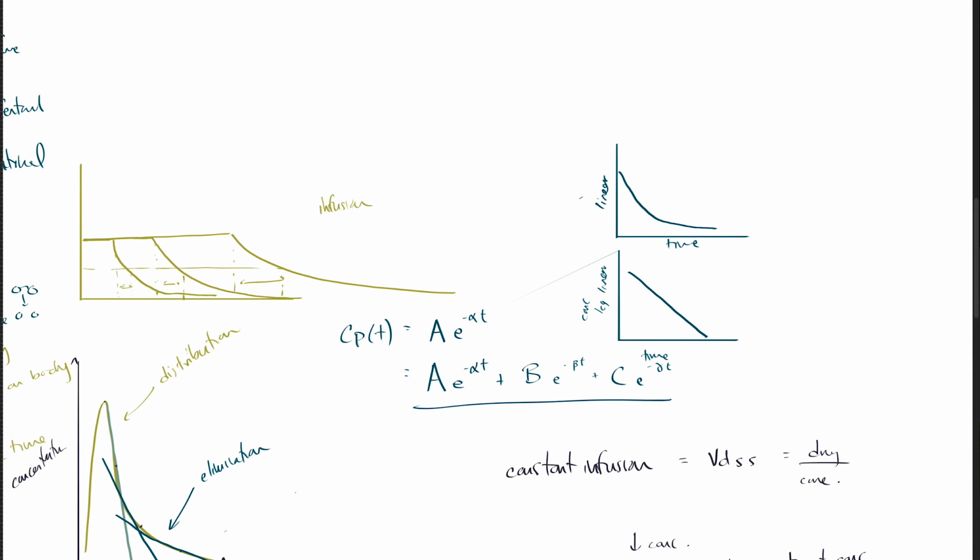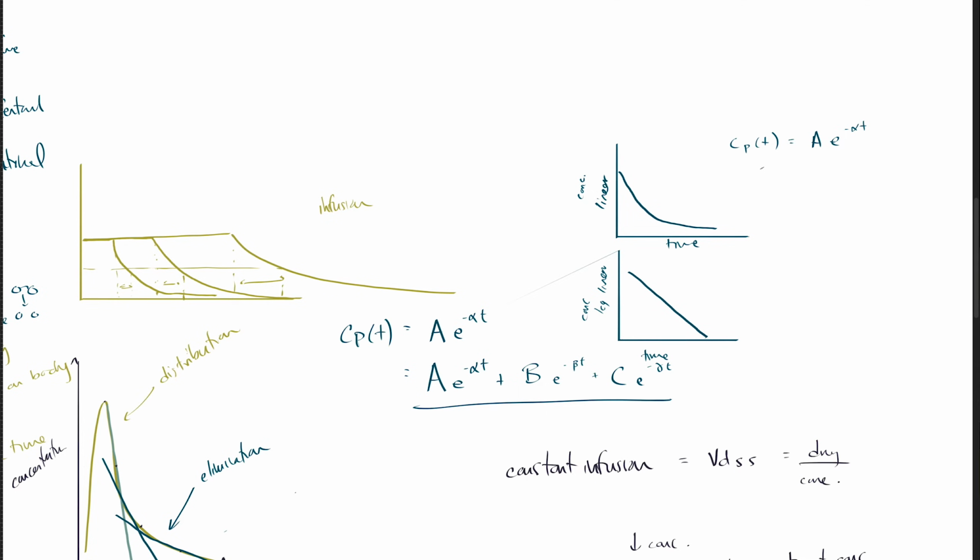This is still concentration. And so you can use your same equation, CPT equals AE to the negative alpha T to describe this type of elimination.